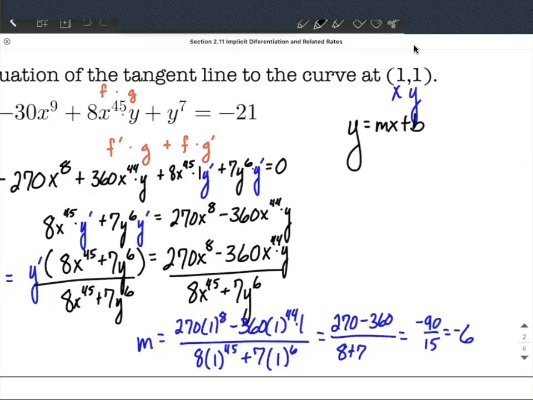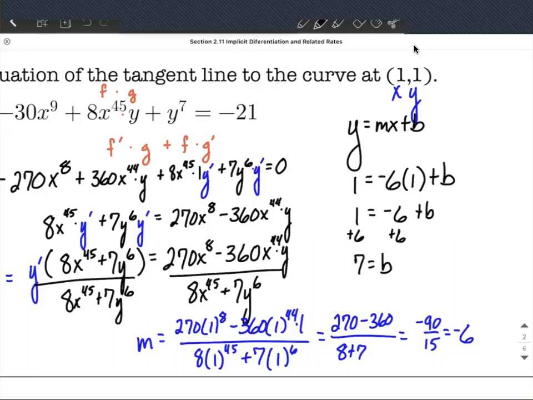So I have a y value of 1 from that ordered pair equals negative 6, the slope, multiplied by 1 from that ordered pair, plus b. That's really 1 equals negative 6 plus b. To isolate the b, we just need to add 6 to both sides.